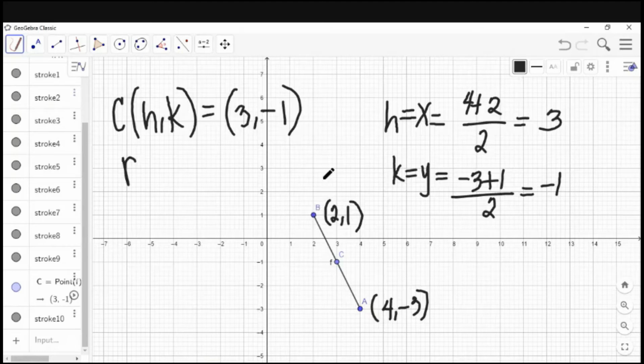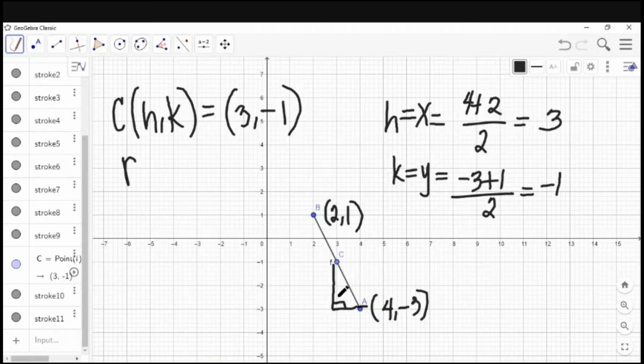Another method is by using the concept of a right-angled triangle. If I use my right-angled triangle here, the radius now serves as the hypotenuse of this right-angled triangle.